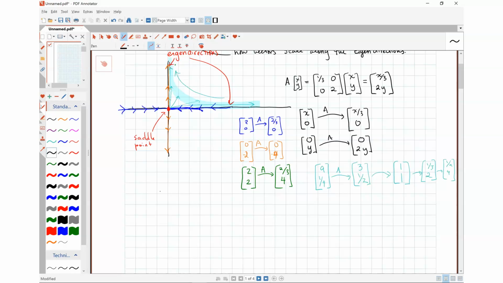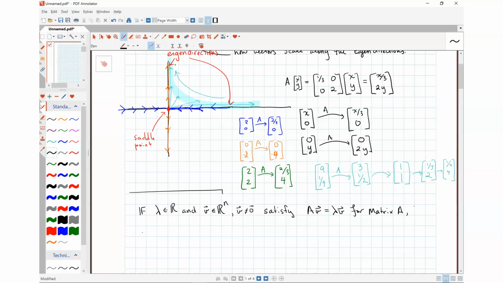Not all matrices have these, but if a real number lambda and a vector v in R^n, that's not zero, satisfy A times v equals lambda times v, say for matrix A, then we say lambda, v is an eigenpair for that matrix A.